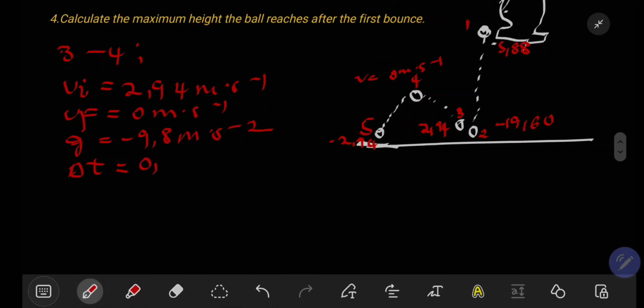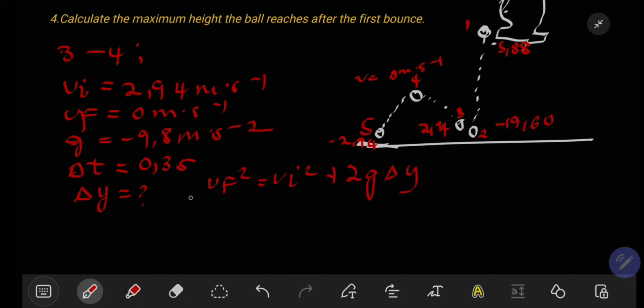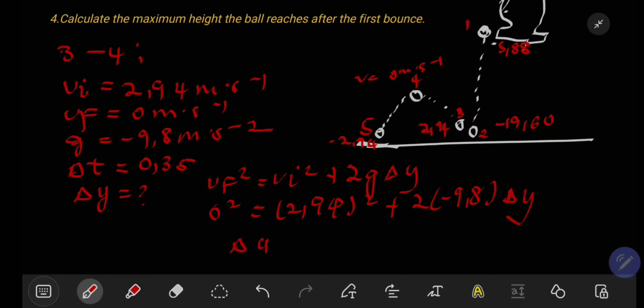Remember, we are looking for the maximum height, which is the displacement. Then we can use this formula: Vf squared is equal to Vi squared plus 2 gravity change in displacement. Final velocity 0, initial velocity 2.94 squared, plus 2 times negative 9.8 times change in displacement. Then our change in displacement will be equal to 0.44 meters.